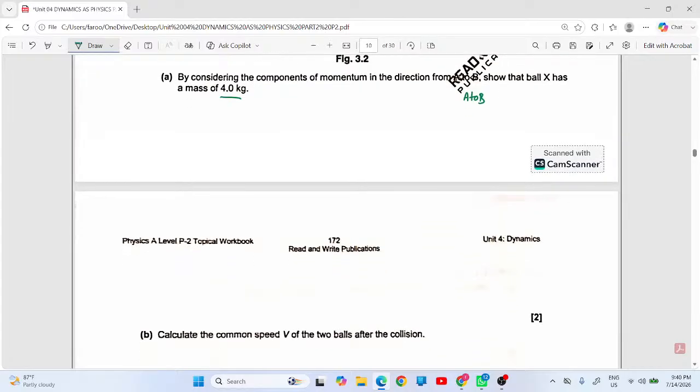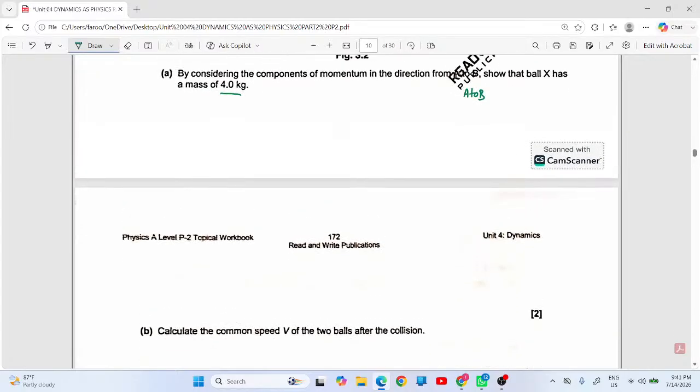The direction from A to B is the x-axis, so let's solve along the x-axis. What will be the momentum of x?